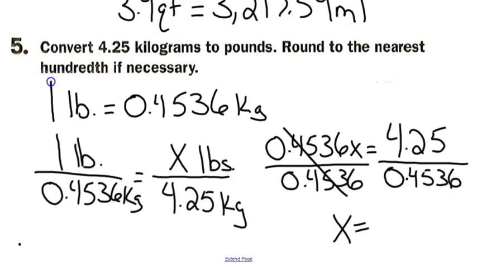That leaves me with x as 9.37 pounds. And you can do that for any one of those previous problems too. Just set it up as a proportion. All you got to do is start with your conversion factor they give you, and then make sure you set it equal to a ratio where it's the same unit on the top and the same unit on the bottom as it is on the left.